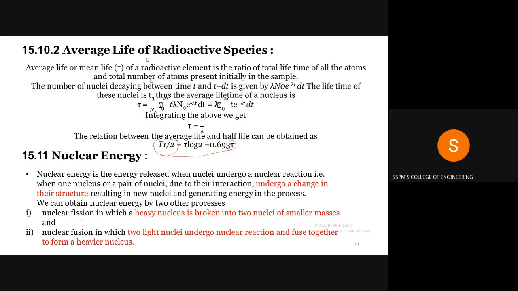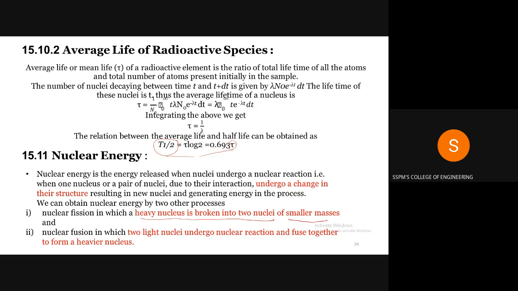What is the basic difference between a fission reaction and a fusion reaction? You will get an idea. Fission means disintegration into a large number of nuclei. A heavy nucleus is broken into two nuclei of smaller masses.